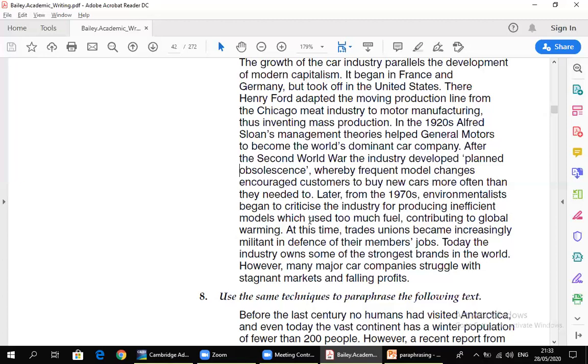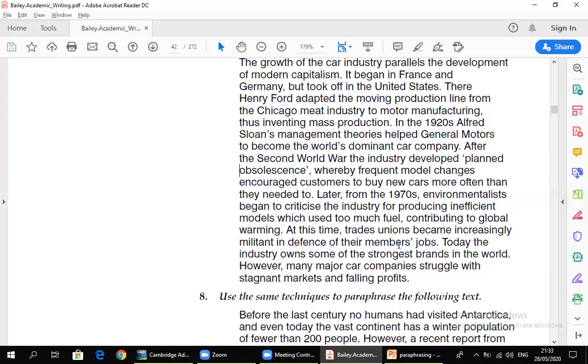Contributing to global warming. Of course, global warming is a specific term. It cannot be changed, or we can just say leading to raising the global warming, or increasing the global warming. Yeah, contributing to global warming.